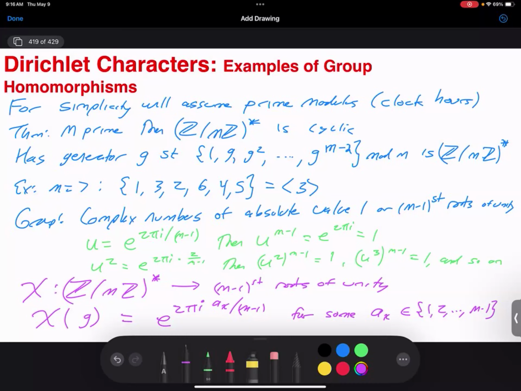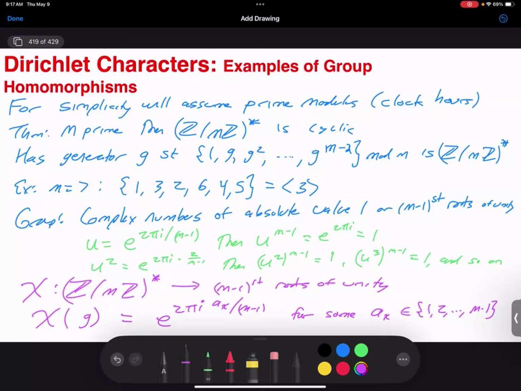It's equal to 1. If I take two things such that the M minus first power is 1, and I multiply them, then of course the M minus first power is still going to be 1. Associativity, yeah, complex numbers are associative, so these will still be associative. And then the only thing that is left over is the inverses. Well, if I had 3 over here, the inverse would be M minus 1 minus 3.